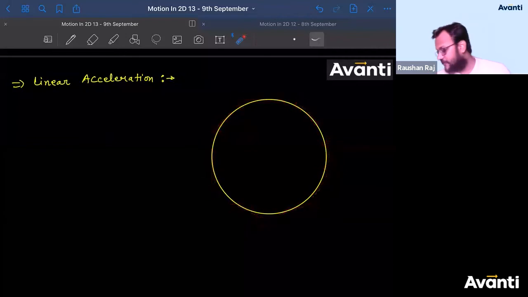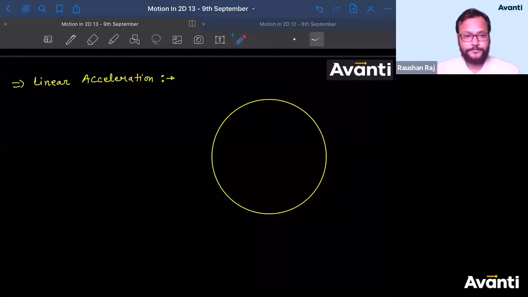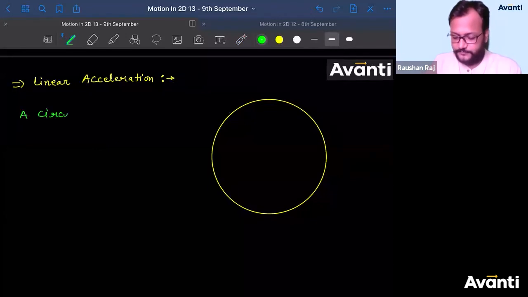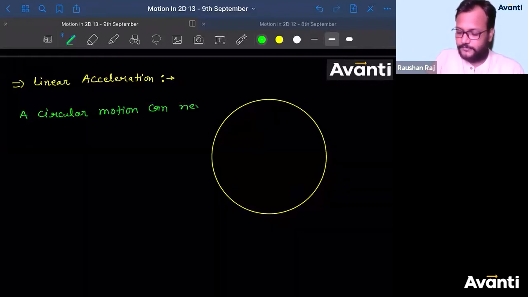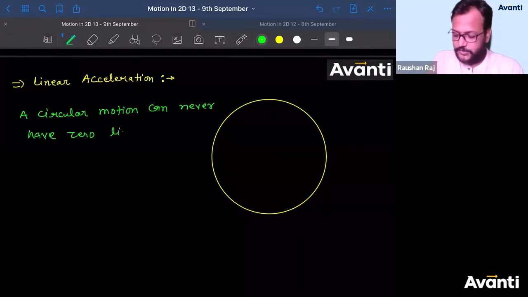Guys, click yes if you have understood this statement that a circular motion can never have zero acceleration. A circular motion can never have zero linear acceleration.